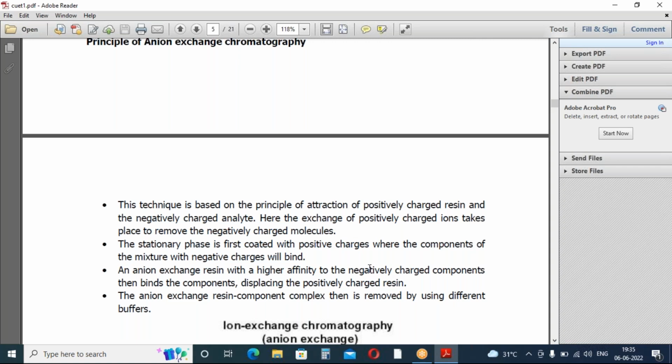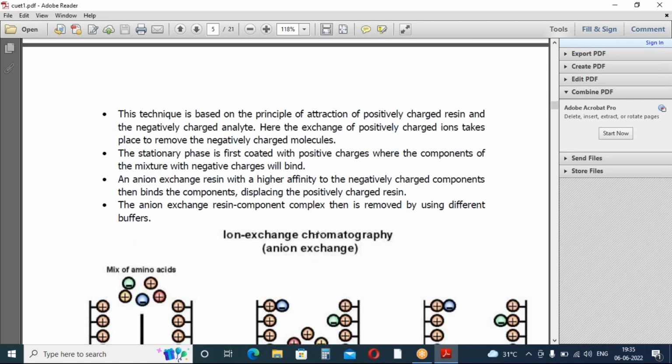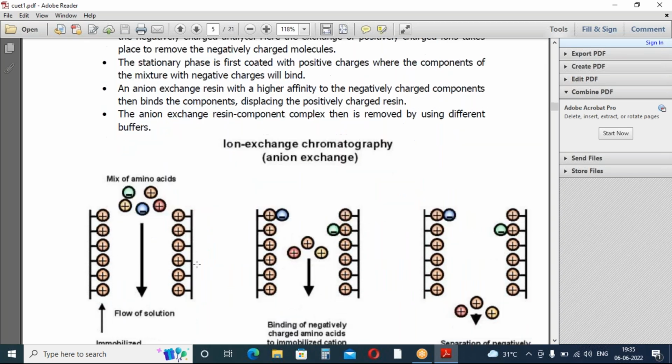By using different buffers, we separate anions or cations. That is the main concept behind this. This is a type of ion exchange chromatography, and that is the anion exchange.